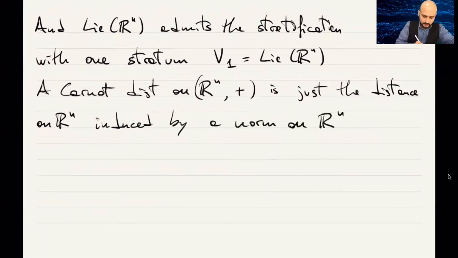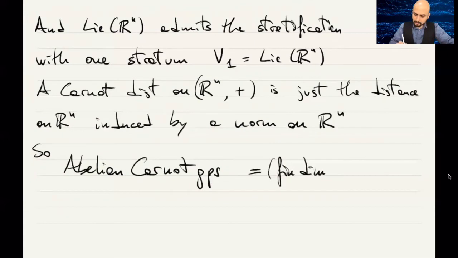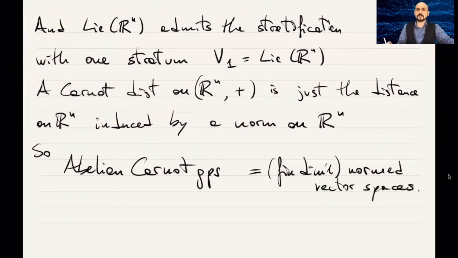So in other words, abelian Carnot groups are the same thing as finite dimensional normed vector spaces.